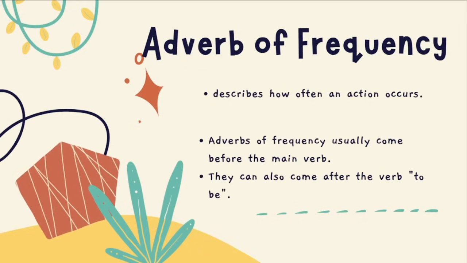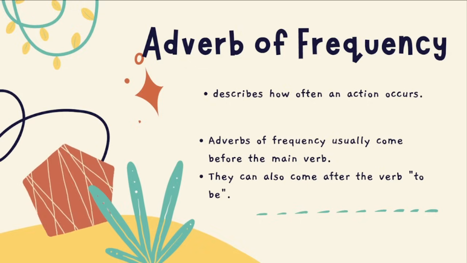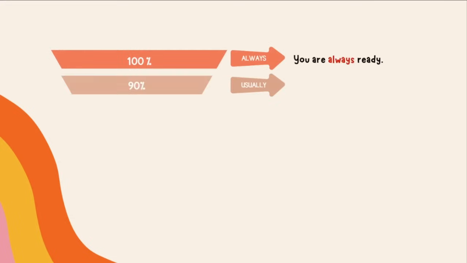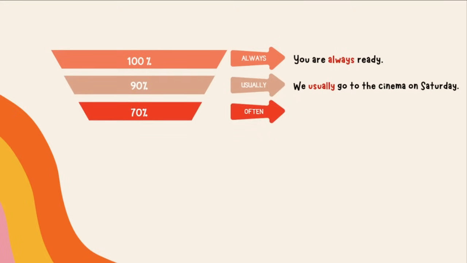So let's see. What are the examples of the adverb of frequency? So we have here the chart. First, when we say the word always, it's like we're doing it 100% of our daily life.